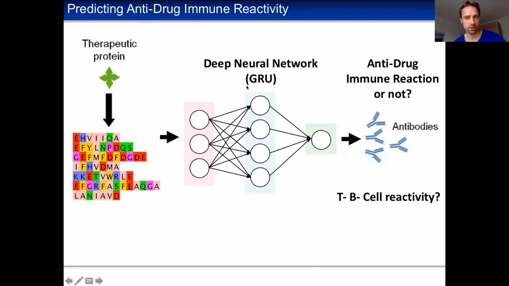In this case, I employed a gated recurrent unit network because it can take care of the history of the past, so that when you read these letters to get an answer, adaptive T cell response or not, it looks at the context. It's basically like word recognition, but now directly applied in a biological context.